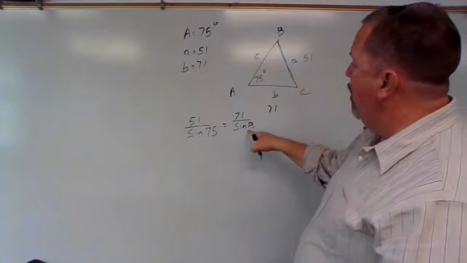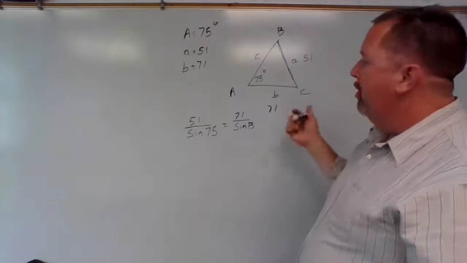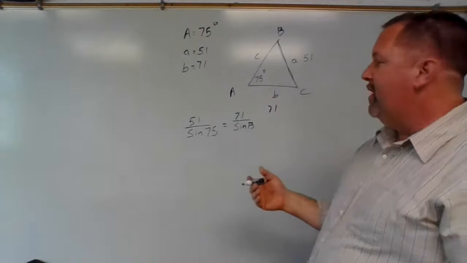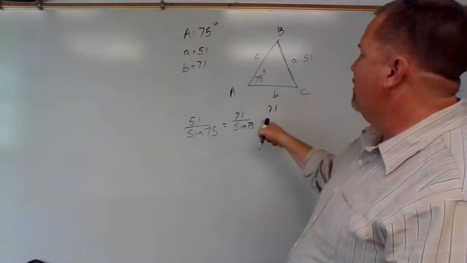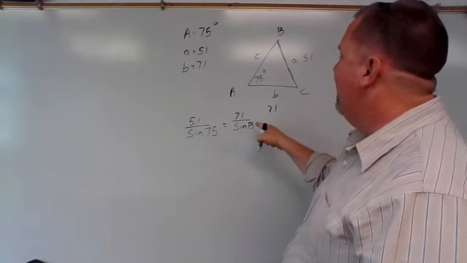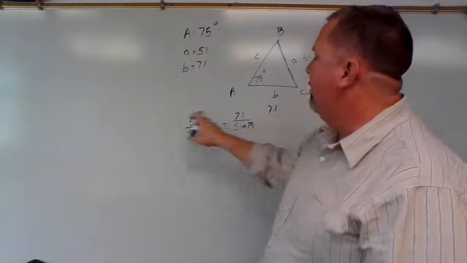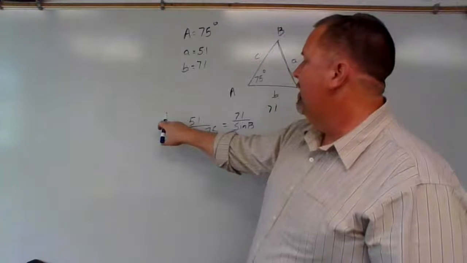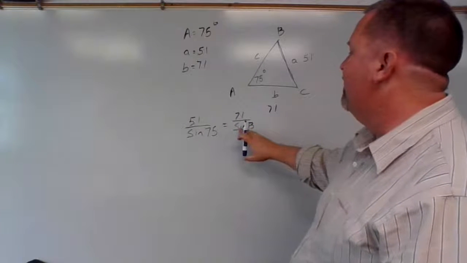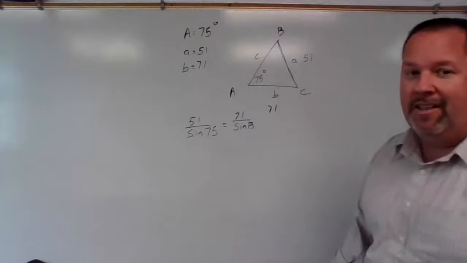Now, this is a little trickier. The thing that I don't know is at the bottom of a fraction, so I've got to do some multiplying and dividing to rearrange. This algebra part still gets some of you caught up. I have to get sine B, the thing I don't know, to the top of a fraction. So I need to multiply it to bring it over here. Then I need to divide by 51 to move that to the other side, and multiply by sine 75 to move that to the other side.